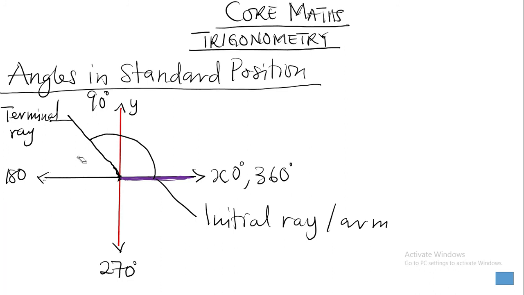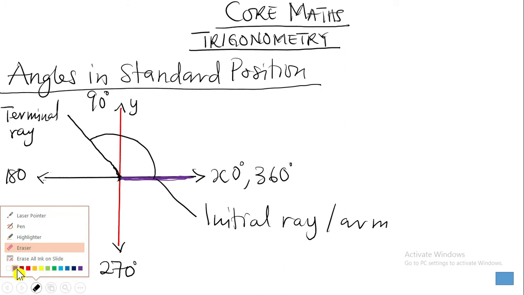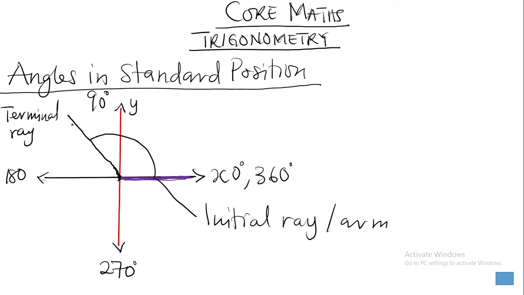I hope you are following. These are just some terms we want to be familiar with. So it is the terminal ray, which is where the angle terminates. So we have the initial ray, the terminal ray, and the angle is here. Now the point of intersection is the vertex.